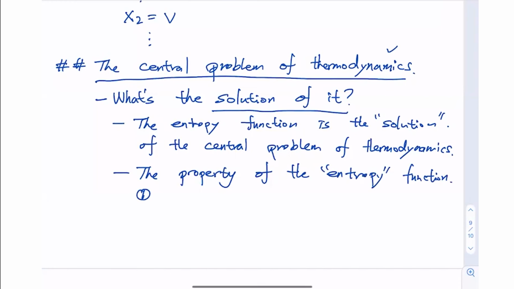The first thing is that it is a function of the extensive variables.